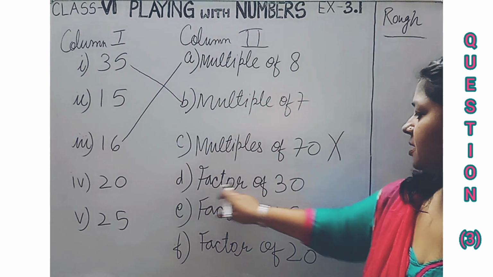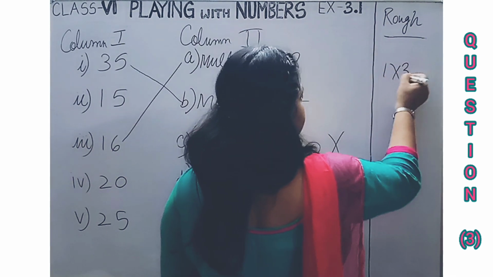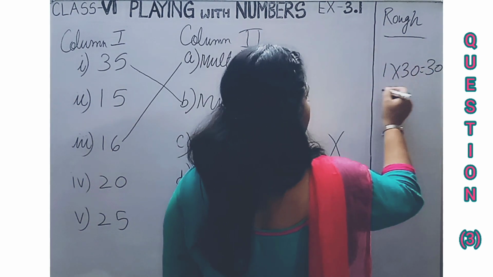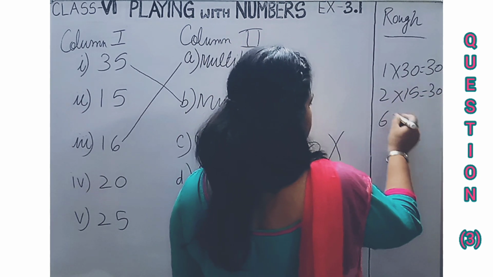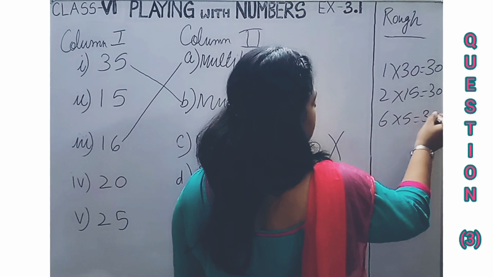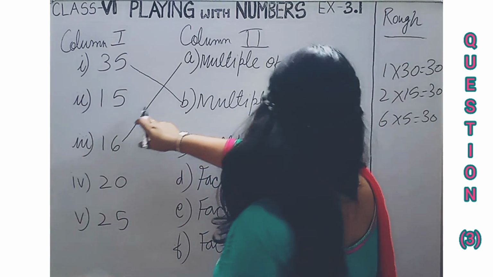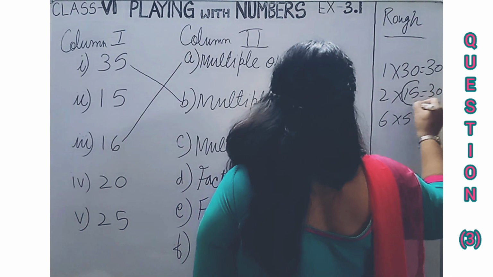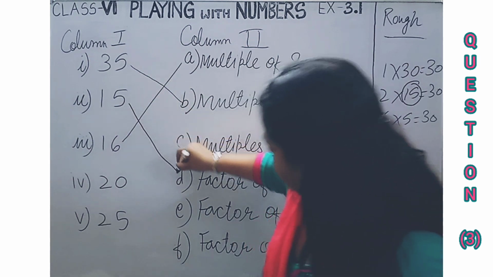Now coming to factor of 30. And here factors of 30 are 1 into 30, 30, 2 fifteens are 30 and 6 fives are 30. So these are factors of 30. We have to choose. Now we can see that 15. Yes, 15 is factor of 30. So this will go with D part.